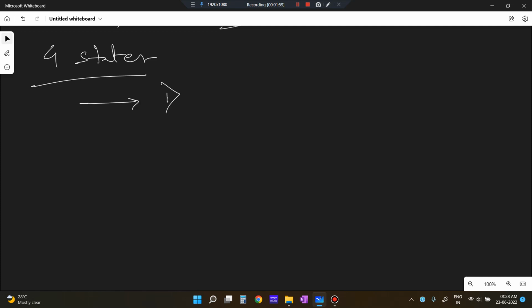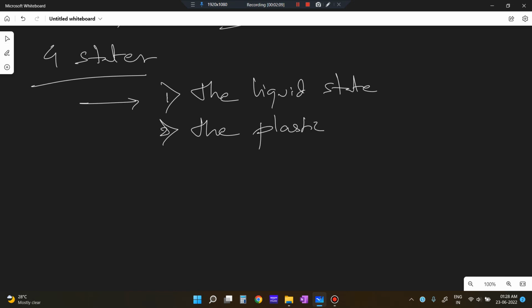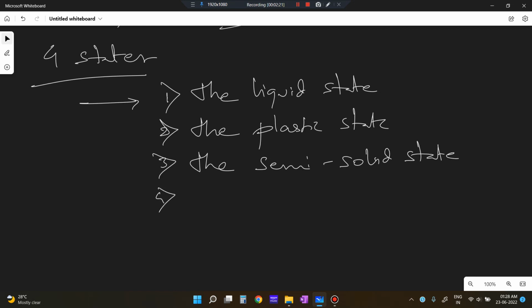These are: number one, the liquid state; second, the plastic state; third, the semi solid state; and the fourth one is the solid state.